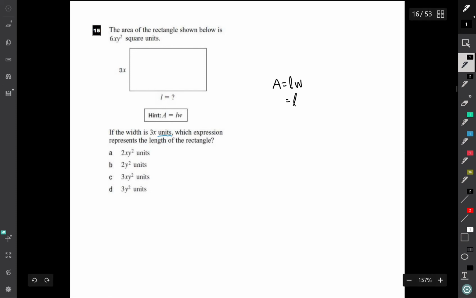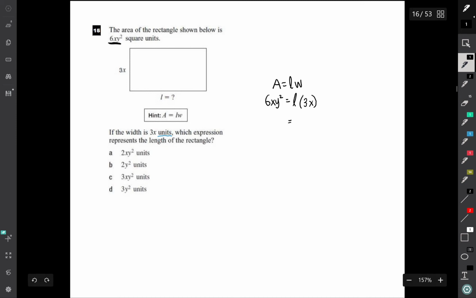So I don't know length, but I do know width, 3x. And I do know the area, right? The area is given as 6xy squared.